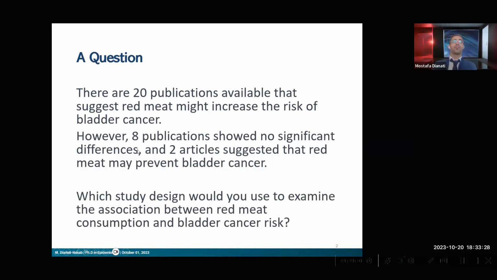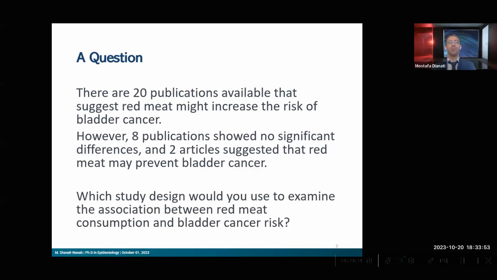Interesting. These 8 publications are saying there is no association between red meat and bladder cancer. And surprisingly, 2 articles suggest that red meat may prevent bladder cancer. We see lots of discrepancy between the results. Each study is saying its own word.